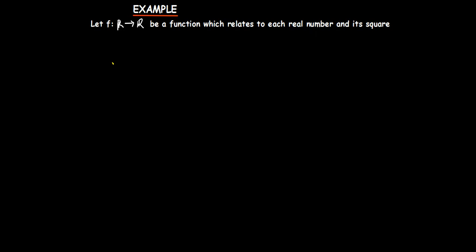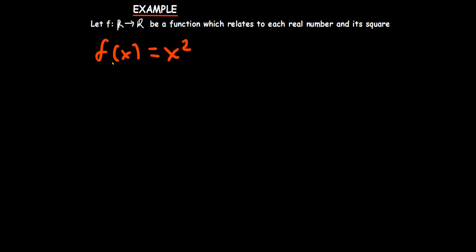This can be written in the form of an equation. That would be f of x is equal to x squared, which means every real number I put in is going to be squared. So this is the equation that represents this function.